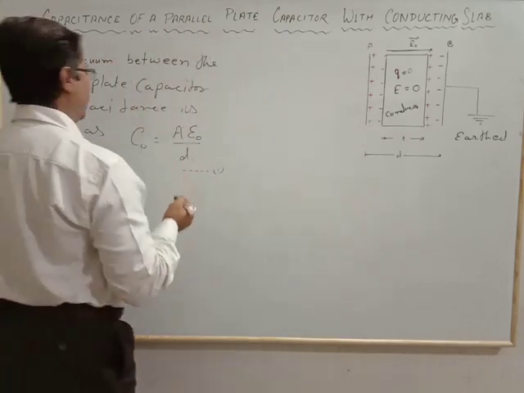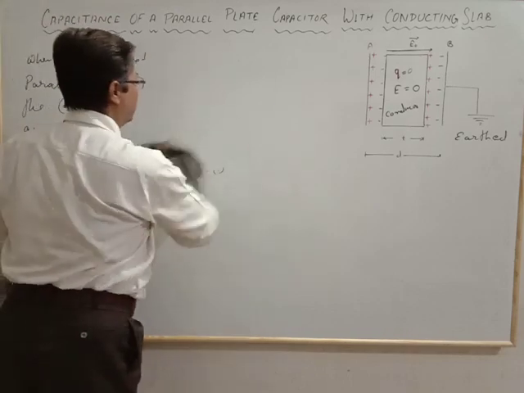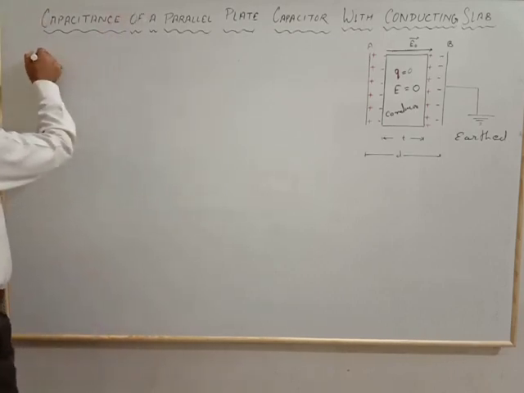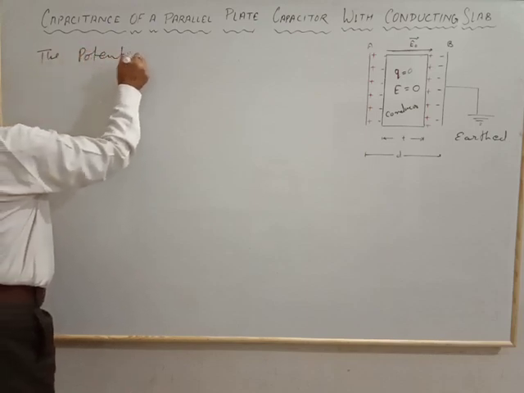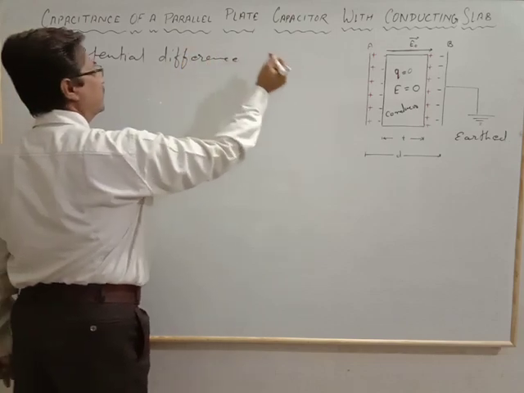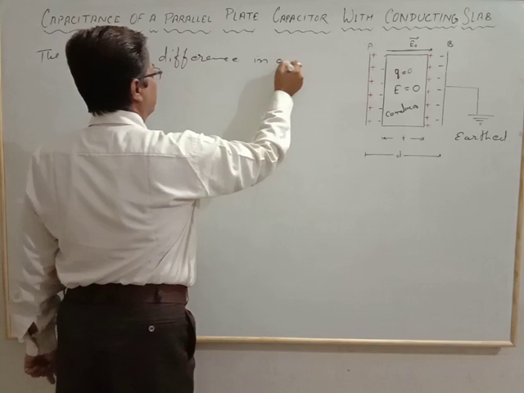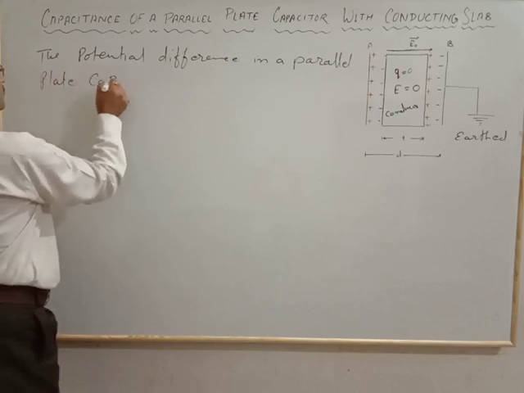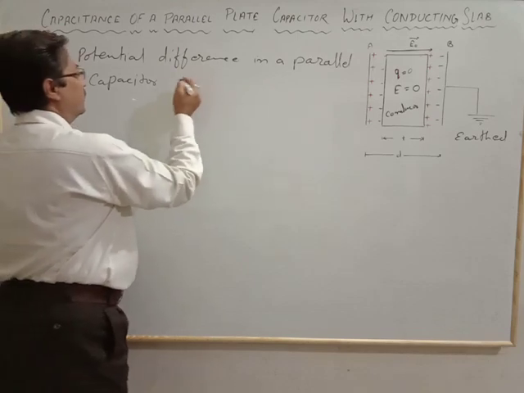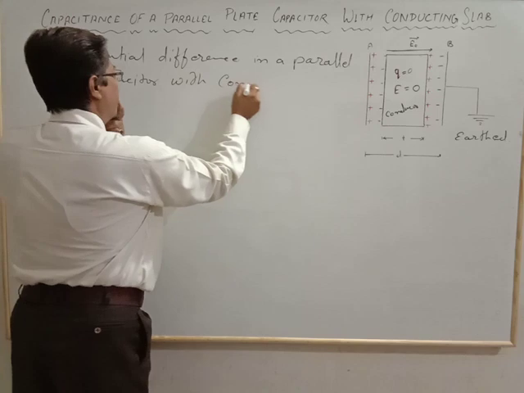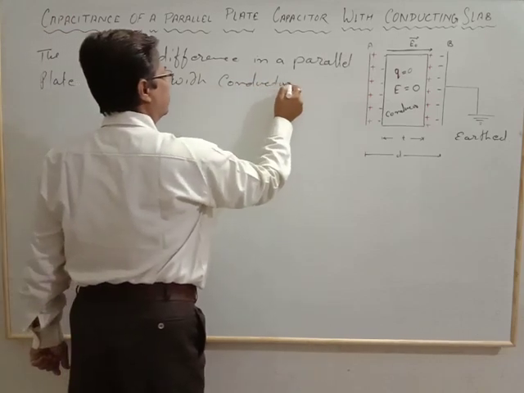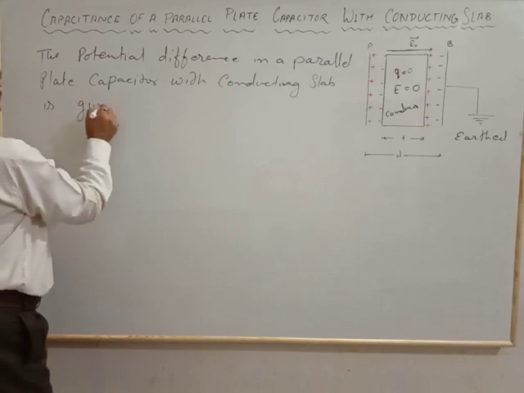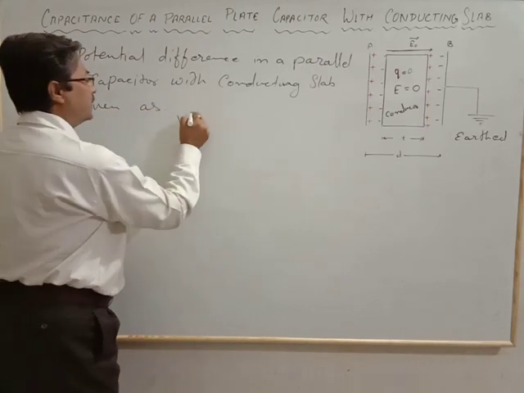So here also, the potential difference across the plates of a parallel plate capacitor with conducting slab is given as potential V equals.